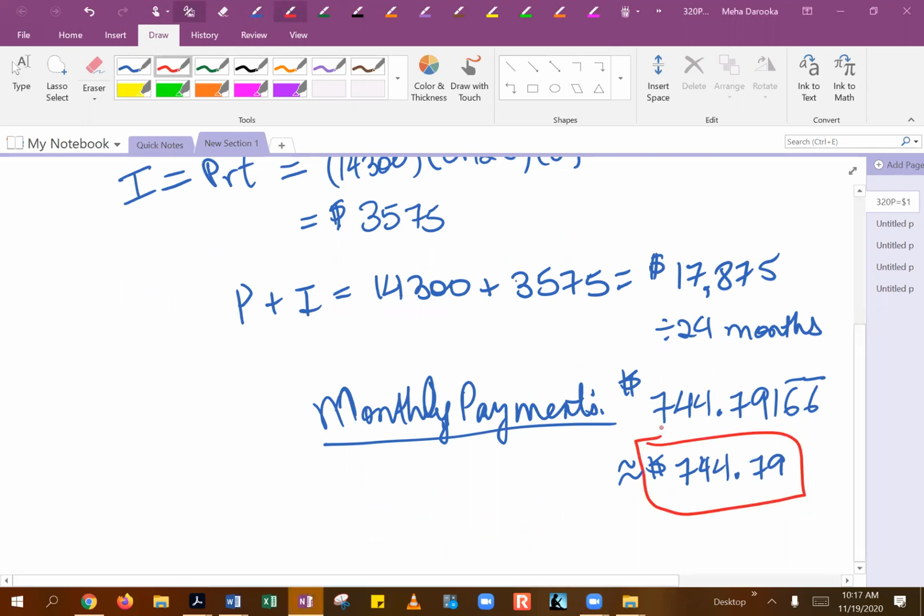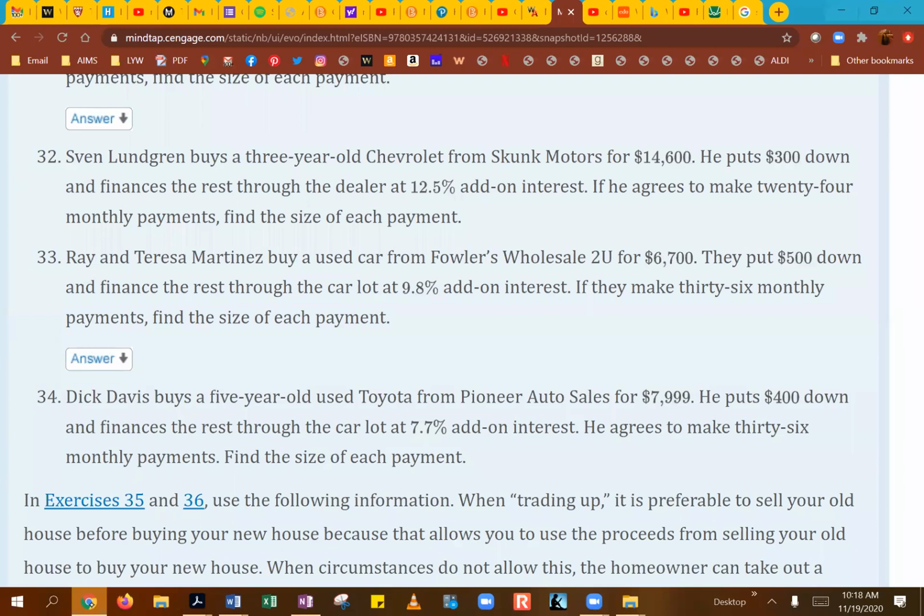Alrighty, so this will become our monthly payment for Sven with his Chevy, whatever he ended up buying over here. Yeah, a 3-year-old Chevrolet from Skunk Motors.